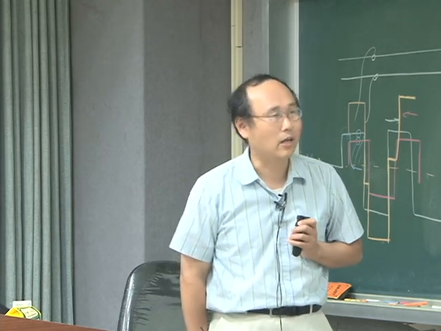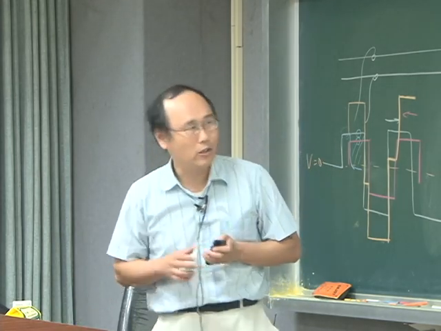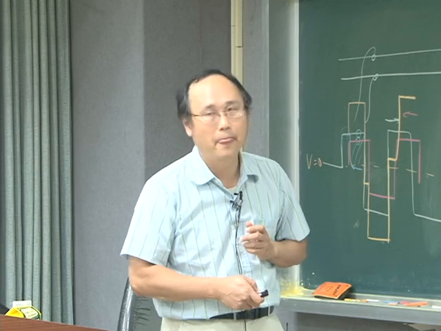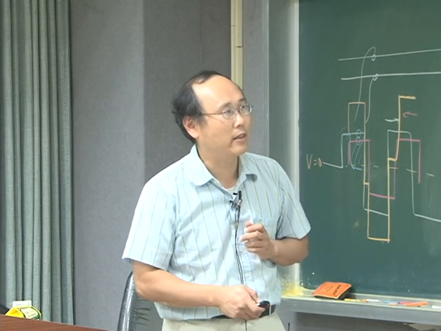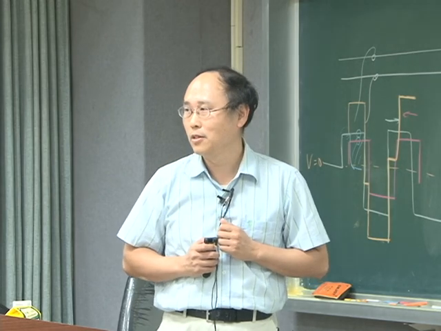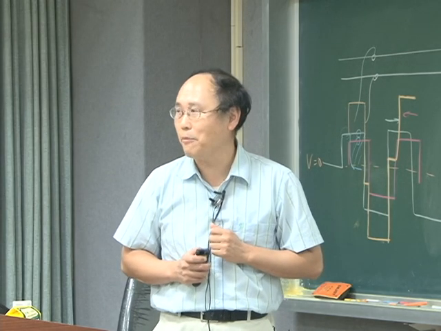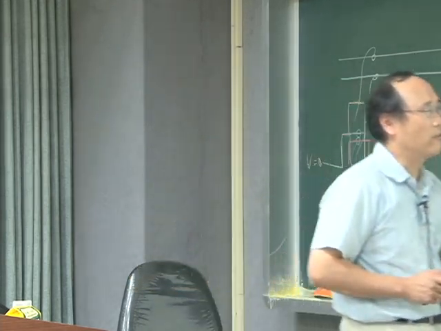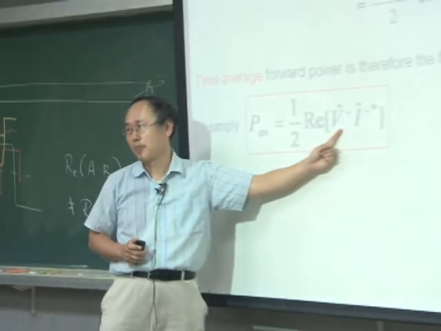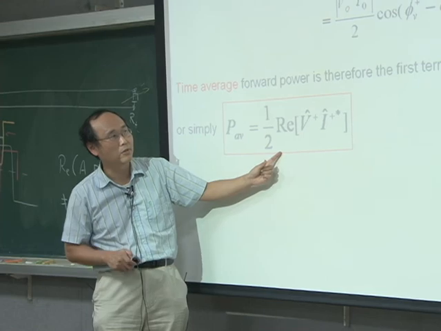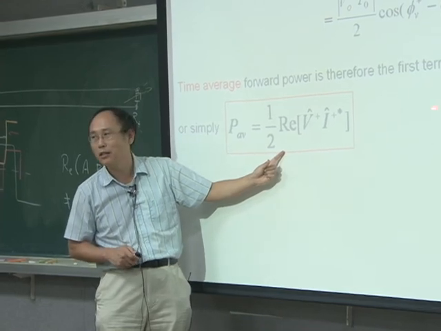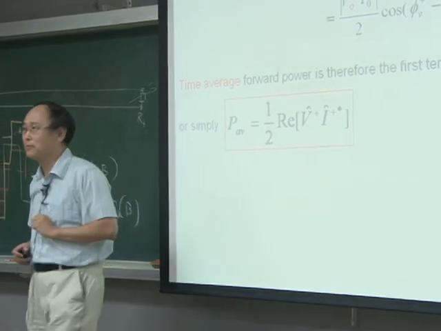Well, if you see carefully, you can do this calculation to obtain these results. So if you want to calculate the average power by using phasor, then just use this formula. That will allow you to obtain the average power.